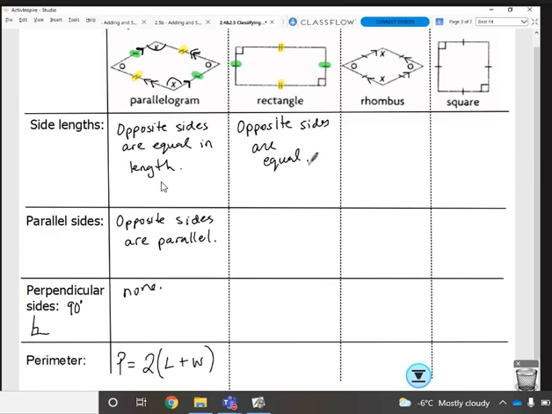We're not shocked by that at all. Parallel sides? Yeah, absolutely. I know it doesn't show the little arrows here, but because we know there are 90 degrees here and 90 degrees here, we can fully say with confidence that opposite sides are parallel.